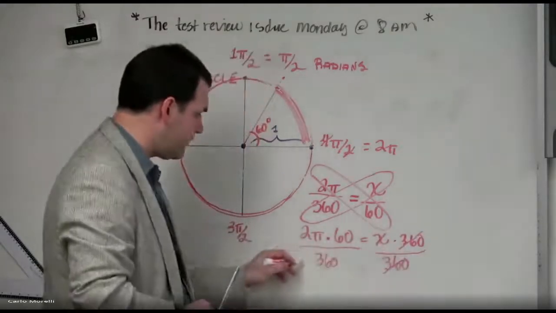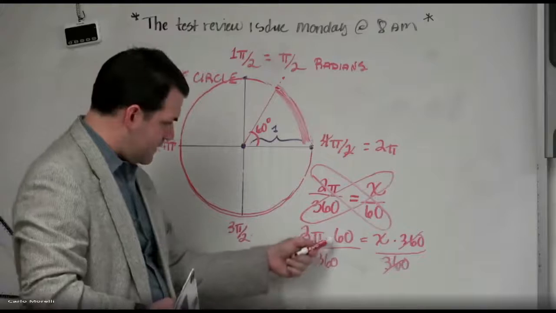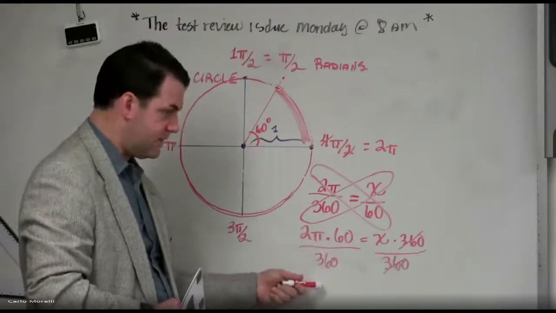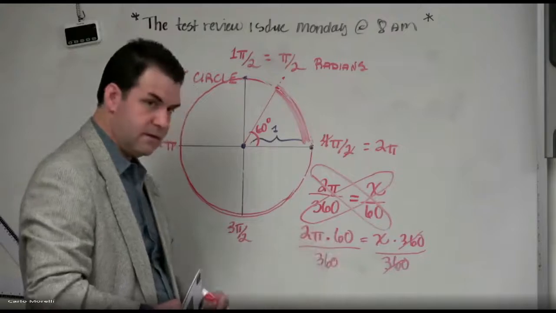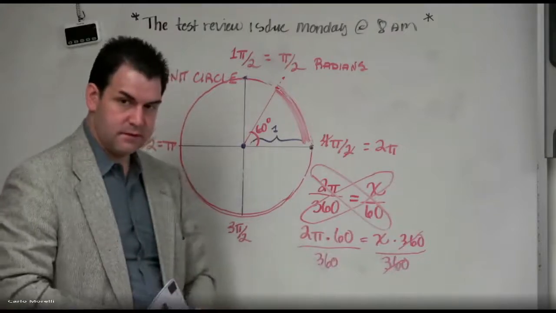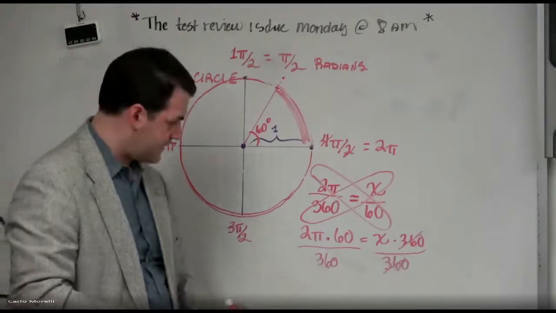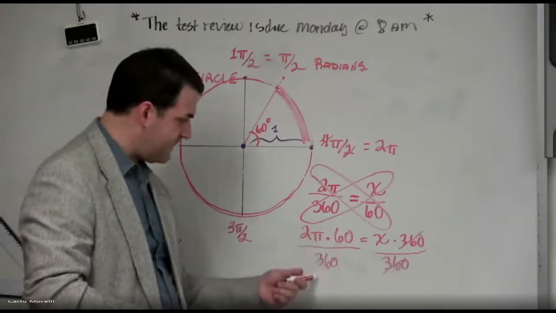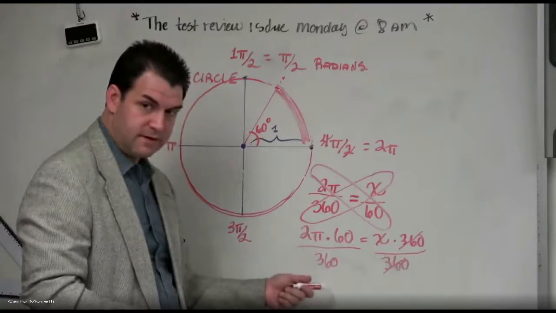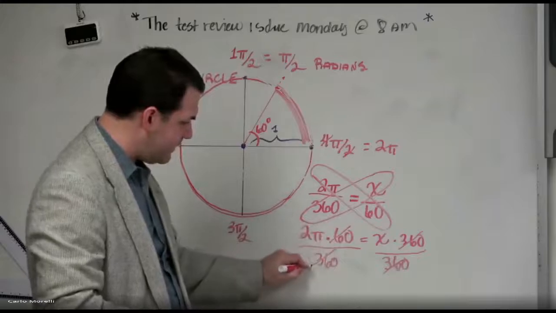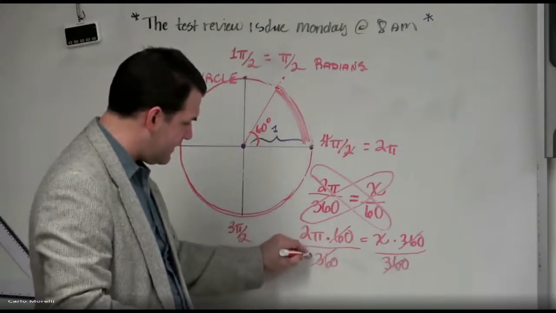And now we're working over here. How many times does 60 go into 360? Six times 6 is 36. So 60 times 6 must be 360. So I can cancel out the 60 and cancel out the 360, and that leaves a 6.